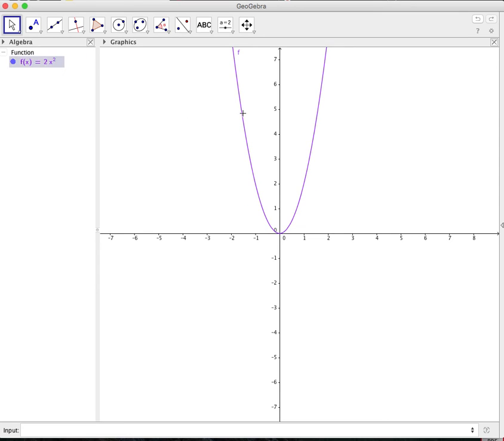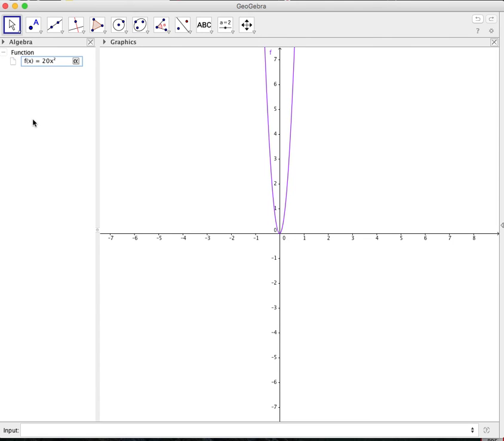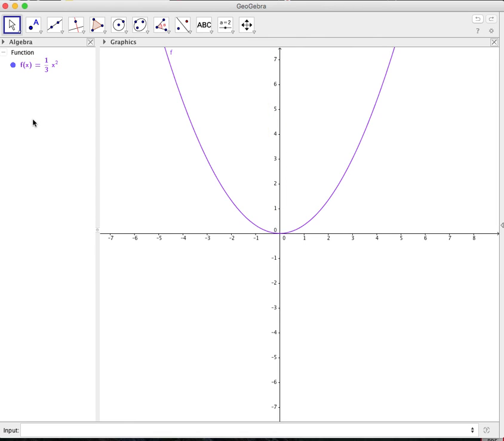It gets narrower. That makes sense because I'm multiplying everything by 2. Let's put in 20x squared. That should be really narrow. And it is. Then let's go the other way and put in a fraction. Instead of 2x squared, let's have 1/3 x squared. It gets wide.